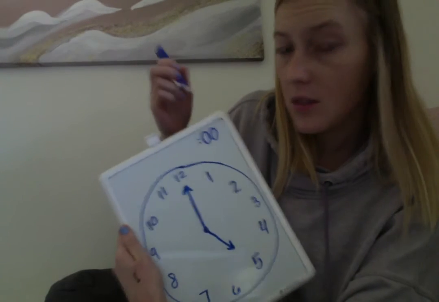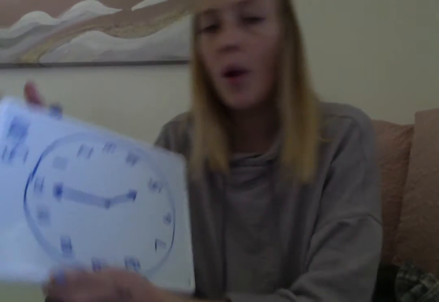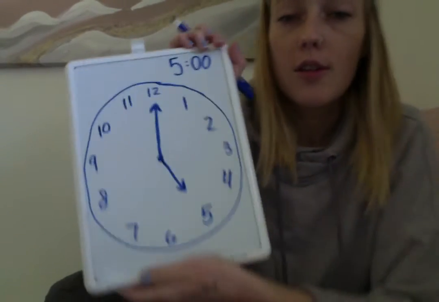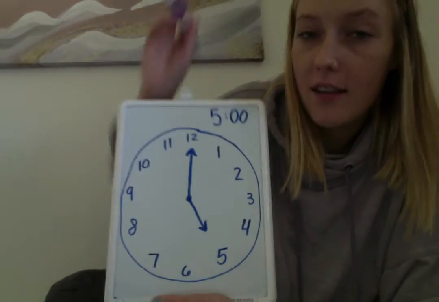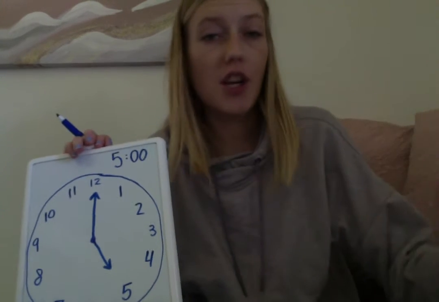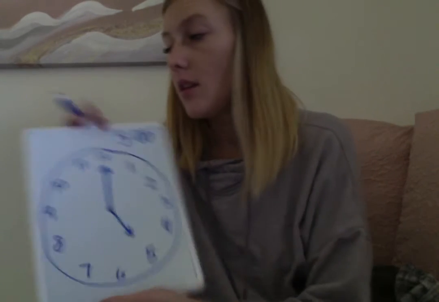Well, since the minute hand is on the 12, I know it's going to be zeros, and the hour hand is pointing to the 5. So with the hour hand pointing to the 5, I know that it's 5 o'clock, meaning it's 5 and nothing else. It's not 5:30, it's not 5:15, it's not 5:10, it is 5 o'clock exactly, 5:00.